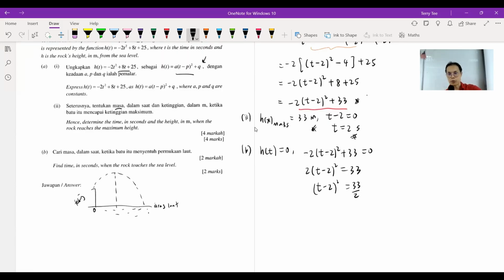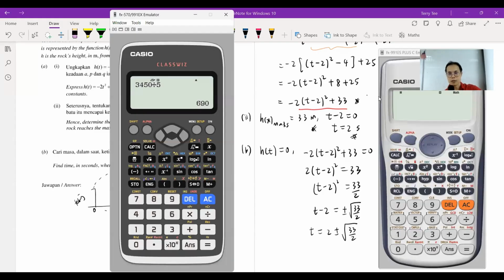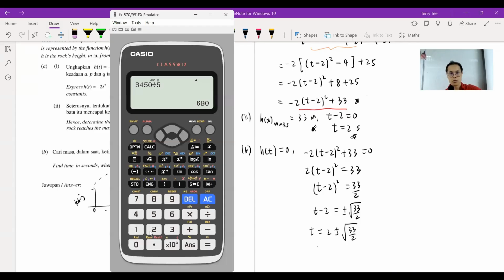Then we square root. So by right, when we square root, we put a plus minus. Then I bring the 2 over: t = 2 plus minus square root of 33/2. Now, okay, I'm going to use this calculator instead. This will be 2 minus square root of 33/2.